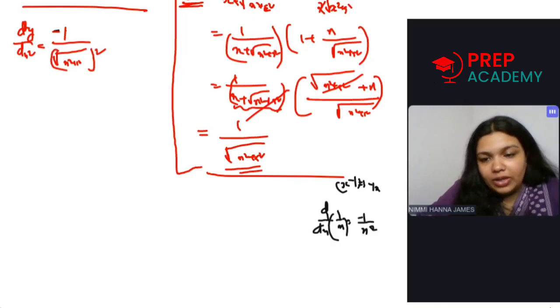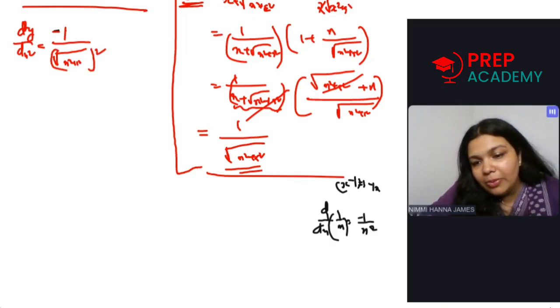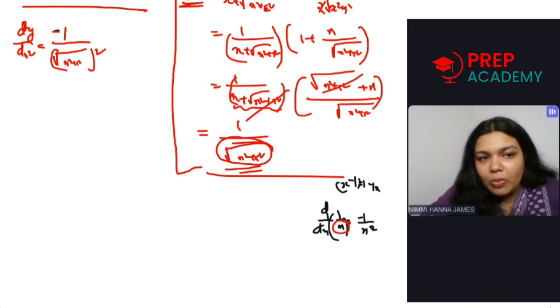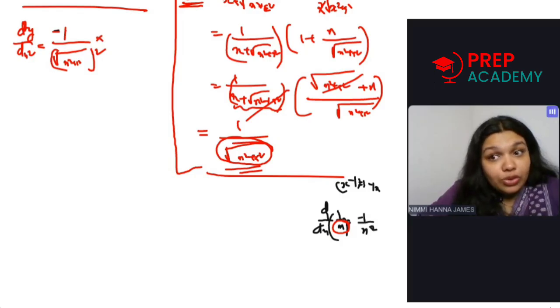So d by dx of 1 by x is minus 1 by x square. Here in the place of x we had this whole term, so I just substituted the whole term and then squared it. So minus 1 by that term, the whole square. Now the chain rule is there, so we have only differentiated that fraction.